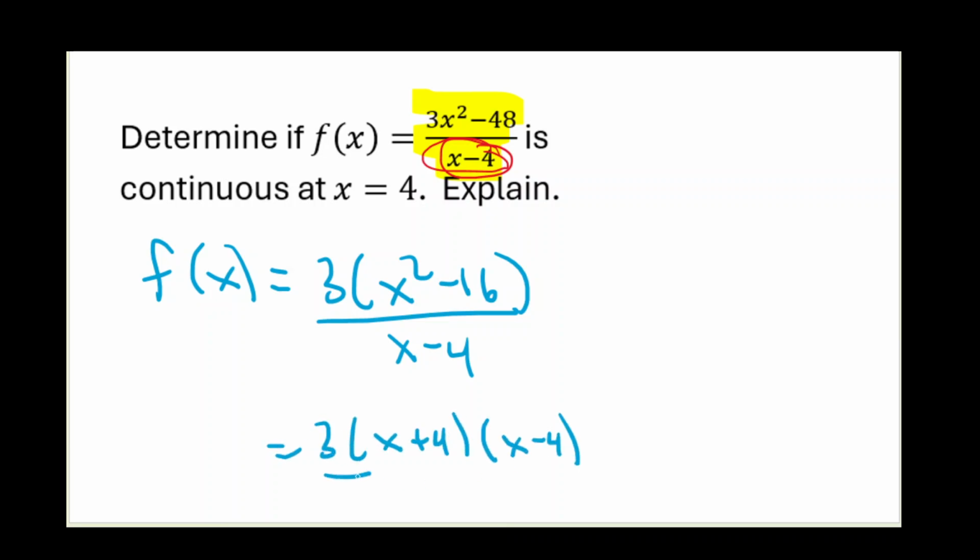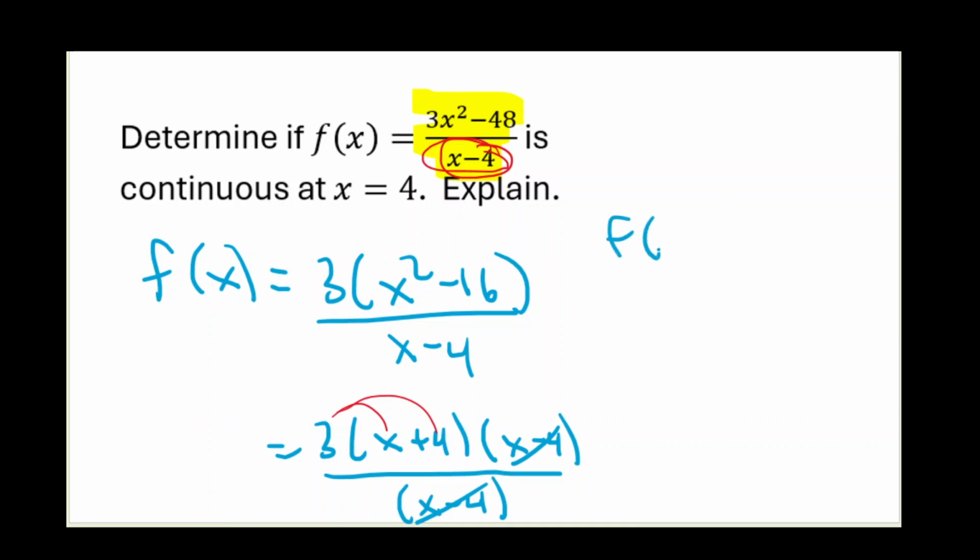And I notice that I am able to cancel out the x minus 4 restriction. I mean, the restriction still exists, but this function essentially becomes the linear function 3x plus 12, right? So this would be 3x plus 12 if I wanted to write it that way, but there would be a hole at x equals 4.